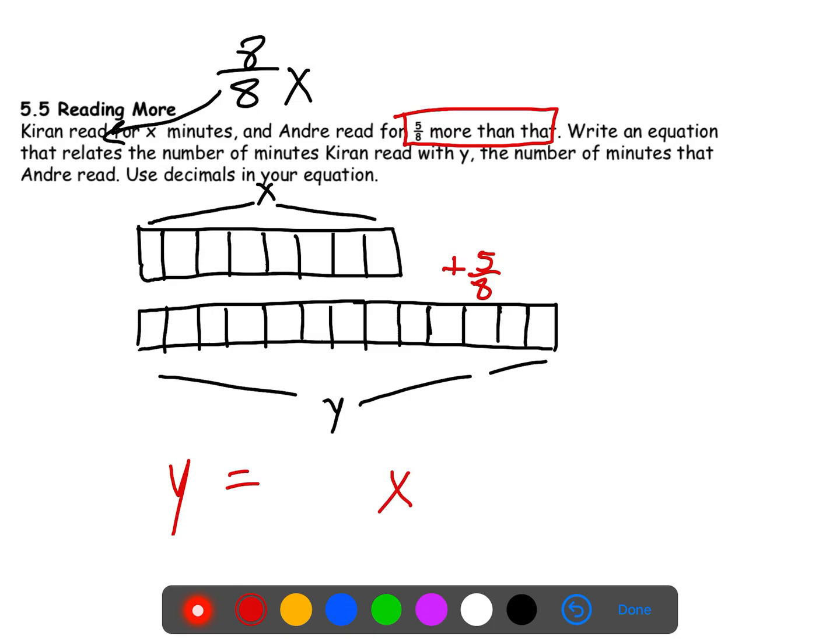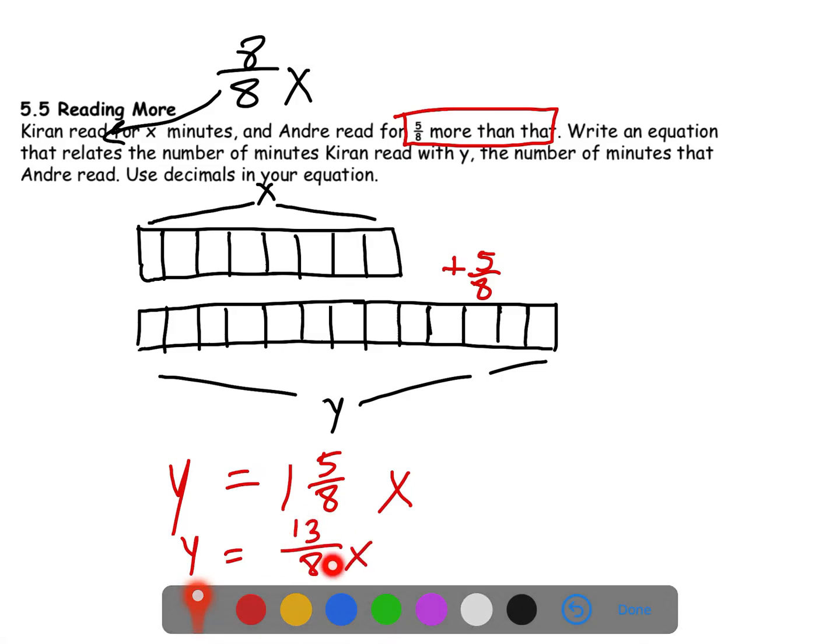It's greater than our X amount by 5 more eighths, which would give us a total of 1 and 5/8, or we might say 13/8 would be another way to say that. And using an improper fraction here is totally fine. That's the 8/8 plus the 5/8, 13/8. So both of these are equivalent.